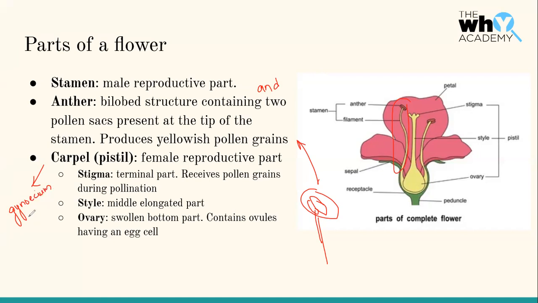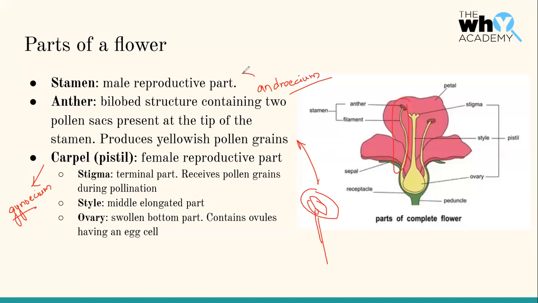Okay, this is the correct spelling. Gynoecium. Andro basically refers to male, gyno is female. If you remember those two words, anything to do with gyno will refer to the female parts, anything to do with andro would be referring to the male part.